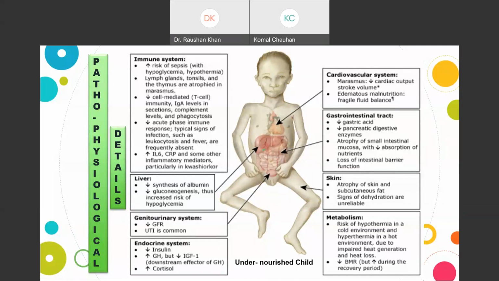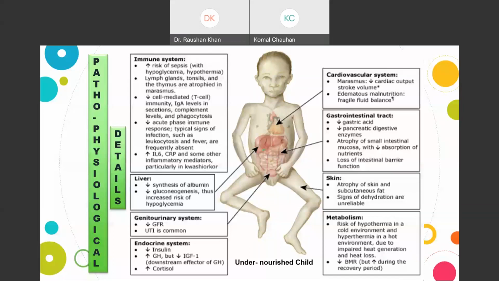Now the cardiovascular system is also compromised, and especially the cardiac output is decreased and stroke volume is also decreased. Malnutrition results in fragile fluid imbalance. The body of a malnourished child generally is not able to keep up with the proper fluid balance in the body.